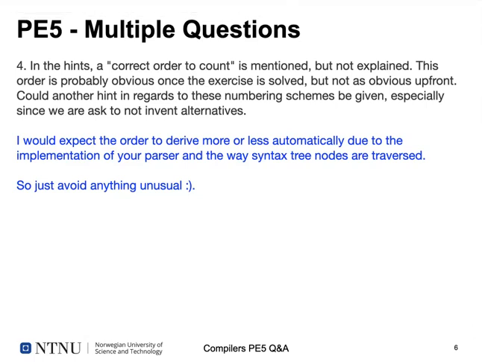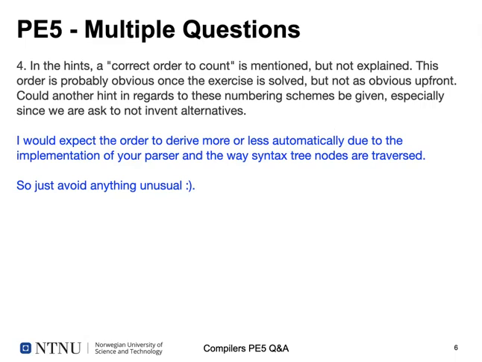Okay, there's a question. Should this be fine since we got an expected output example for this exercise? Yes, I think the question was actually how one could achieve exactly the order of the expected output example.